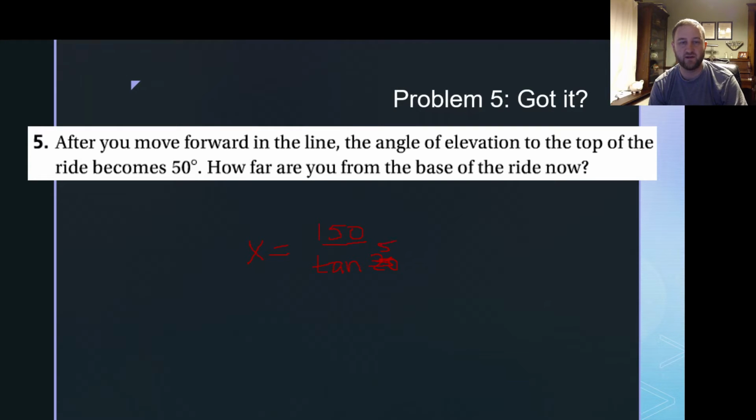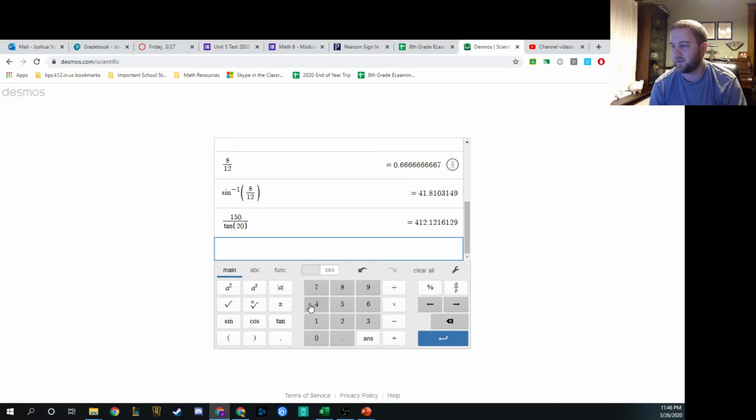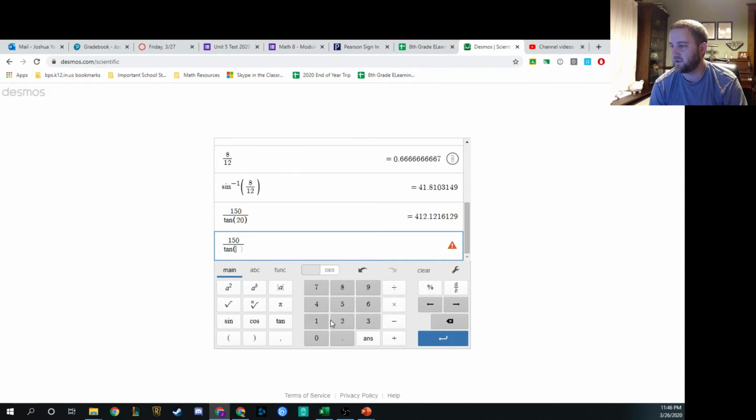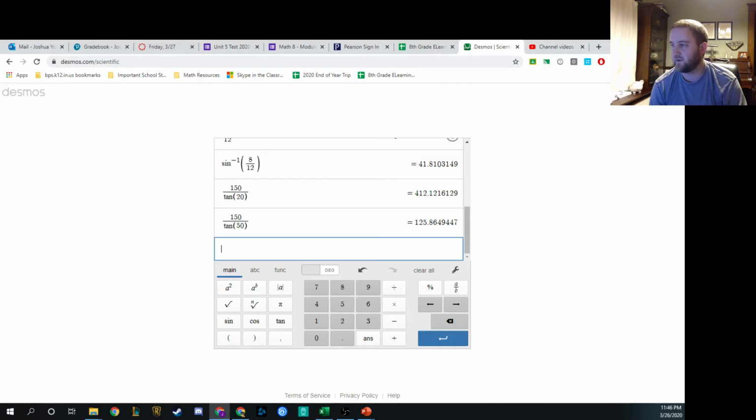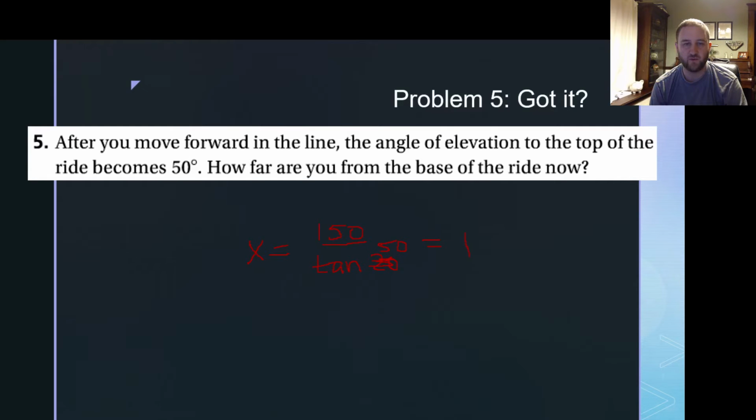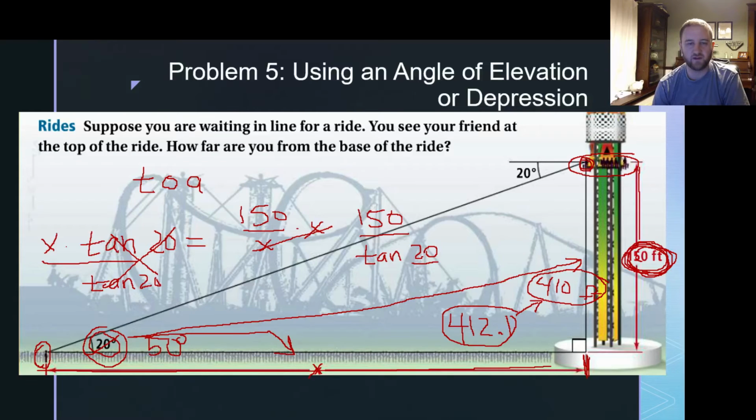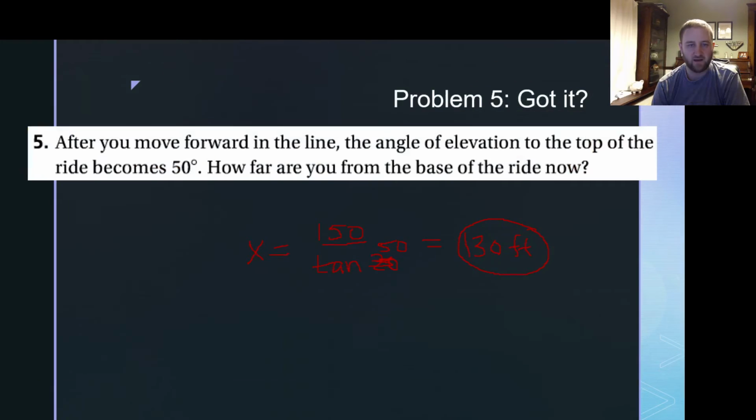So 150 divided by the tangent of 50 is 125.8, and we'll round that to 130 feet, to the nearest 10 feet. So as he's moving forward, he was originally 412, now he's 130 feet away.